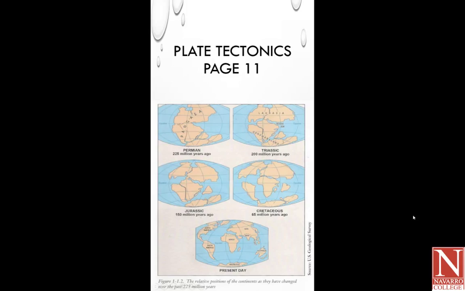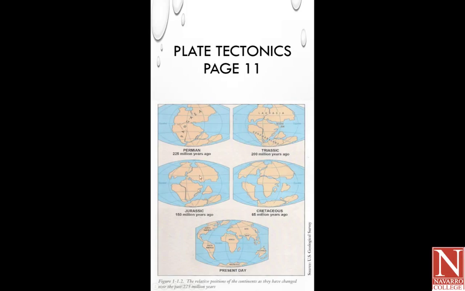Now on page 11, we're looking at the different forms of plate tectonics. Now, when the earth was first formed, it's believed that all of the land masses were in one spot. And then as the millions of years went by, the different plates or the different continents started to separate.